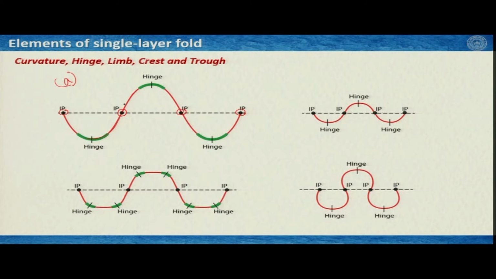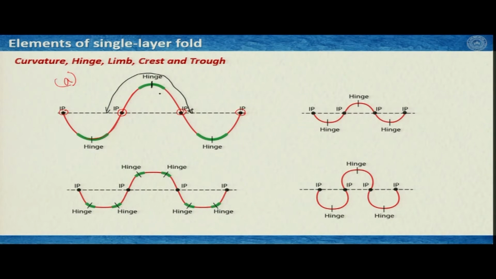Now, if I consider this segment from here to here of this fold, then I see that there is a particular point where the curvature is maximum, and this point is known as the hinge point.